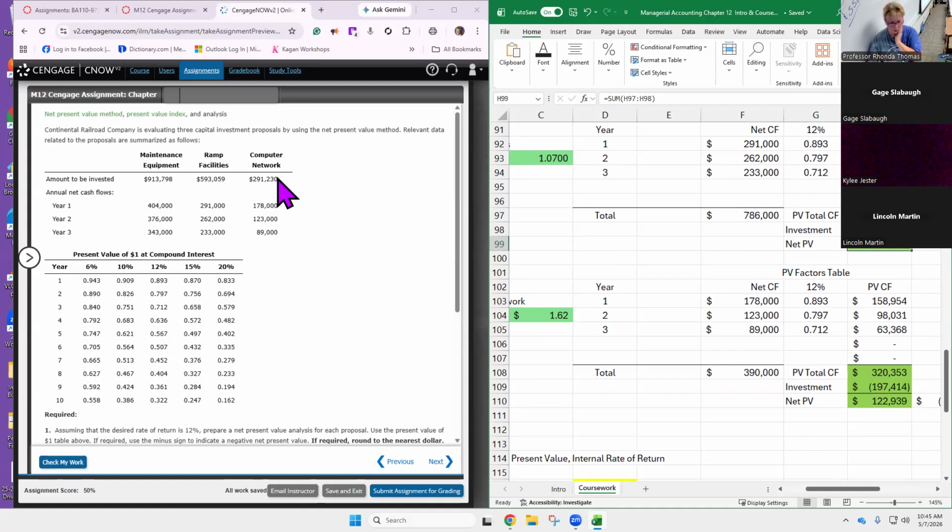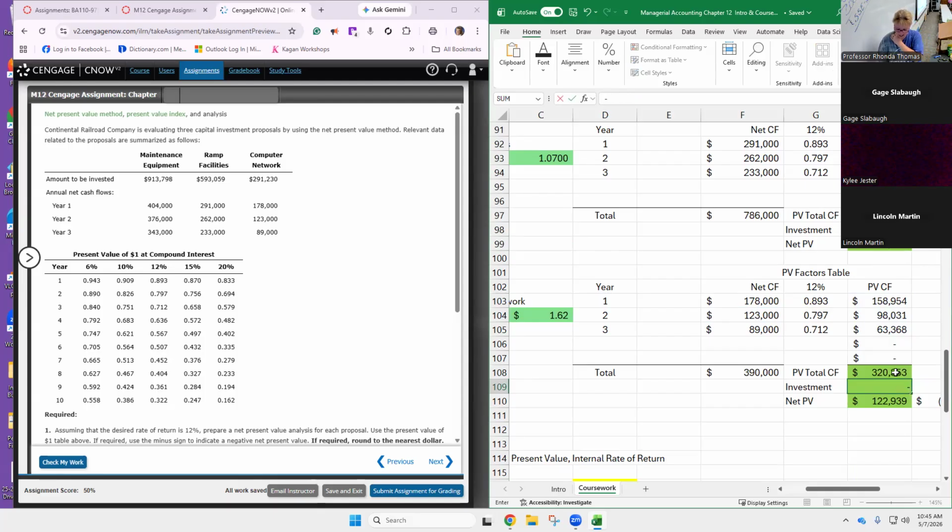Now we're doing the third one, the computer network. Okay, here are the cash flows and then the present value of each one of those. We want to take the cash flows times those factors so that we get present values. And present values then need to be added up for a total of the 3 years. And then we're going to subtract the amount invested.